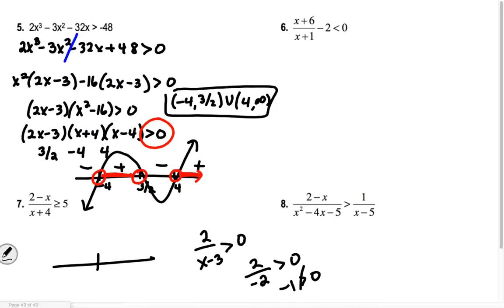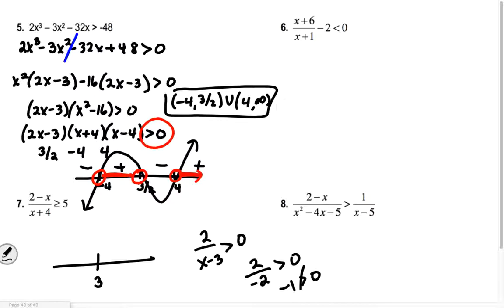What number do I have to have on my number line so that on the right side of it it's positive and on the left side of it it's negative? Yeah, 3. If I plug in anything bigger than 3, like 3.1, even a tiny little number, I get 2 over 0.1, which is positive, right? But if I plug in anything smaller than 3, like 2, 1, 0, I get a negative out.